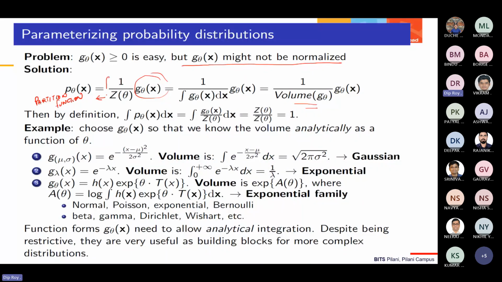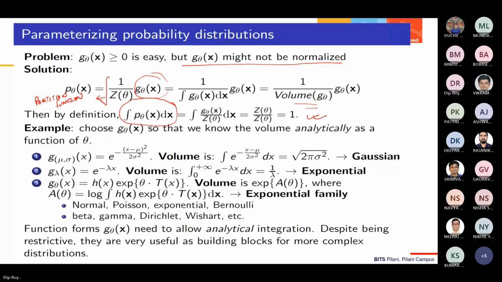And if you take the integral of the top portion, what you will get is z theta by z theta, which is equal to 1. So basically it means that your probability should sum to 1.